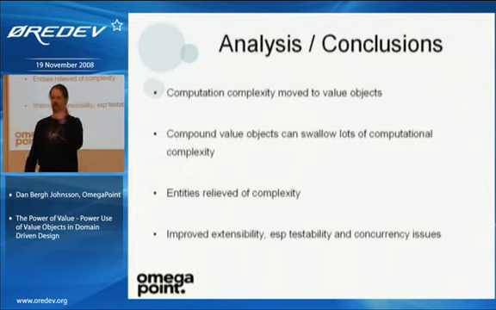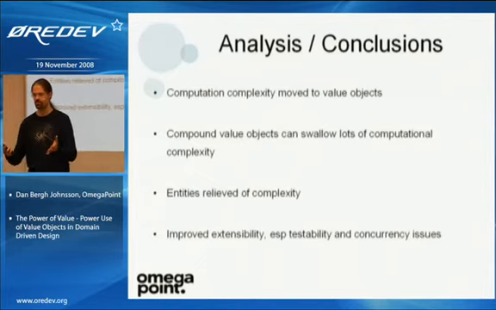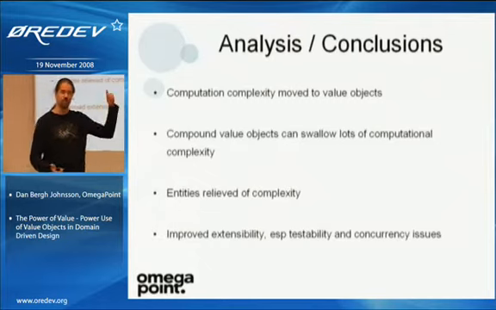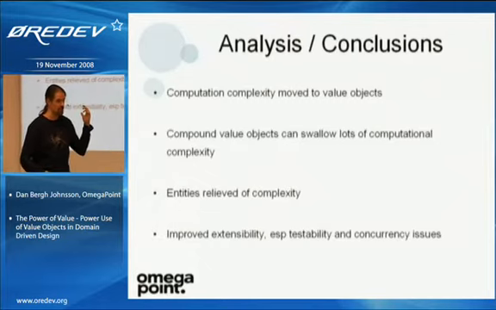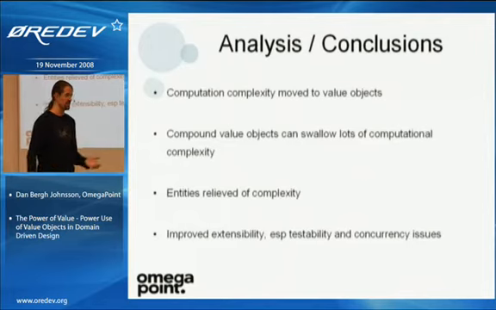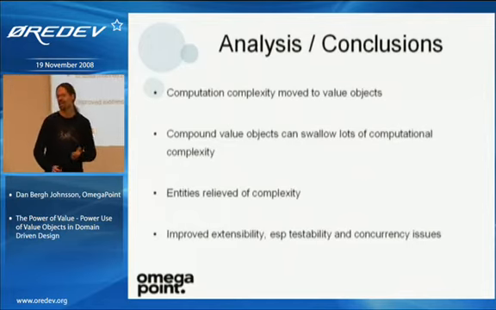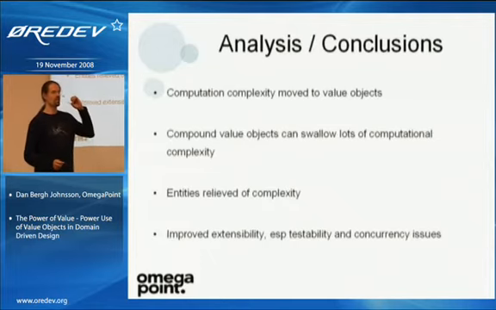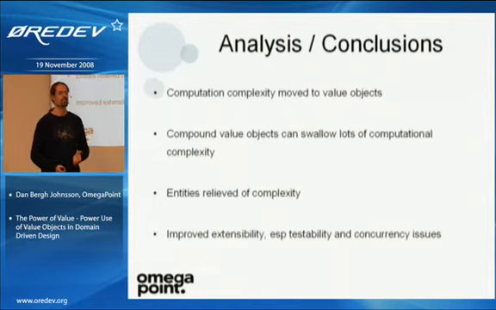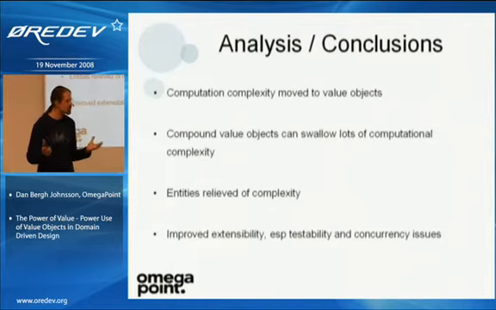If you should fall asleep, or if you should need to go, I think it's kind of cautious for me to start with the analysis and conclusions, so you know that you haven't missed anything. So the conclusion is that if we have a lot of computational complexity in our systems, that complexity can be moved into value objects, especially if we start using compound value objects.